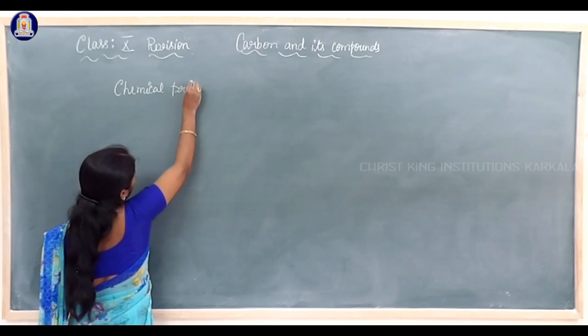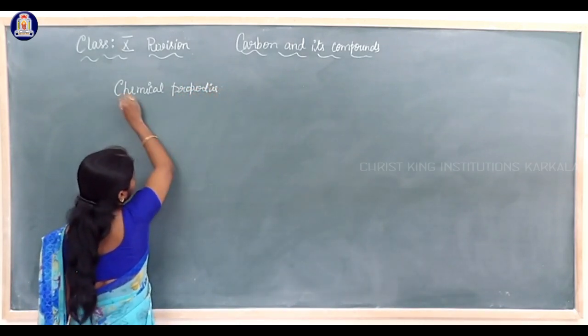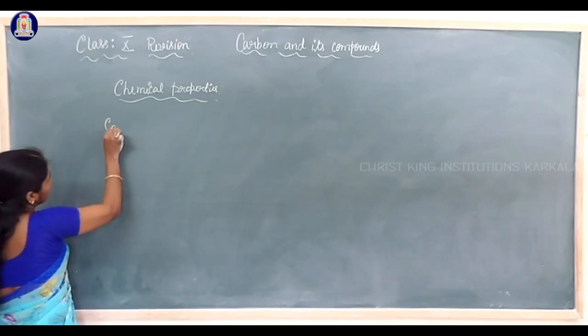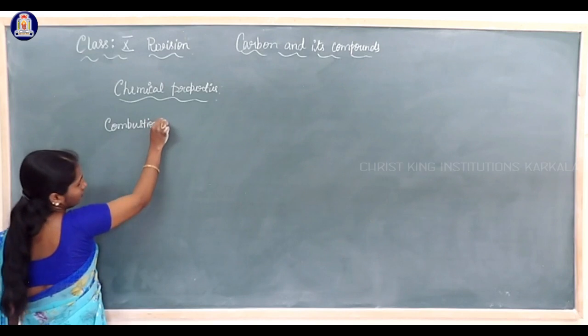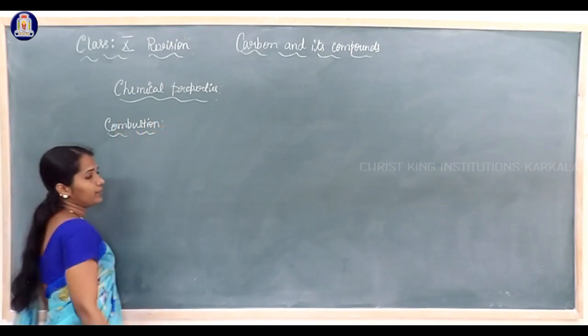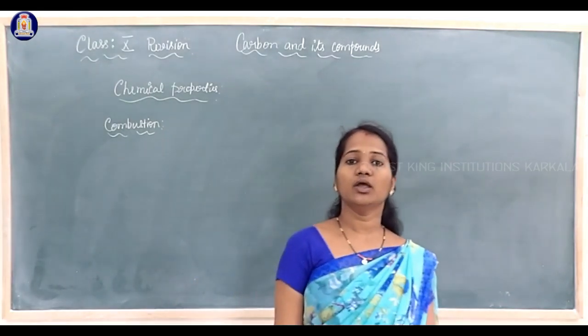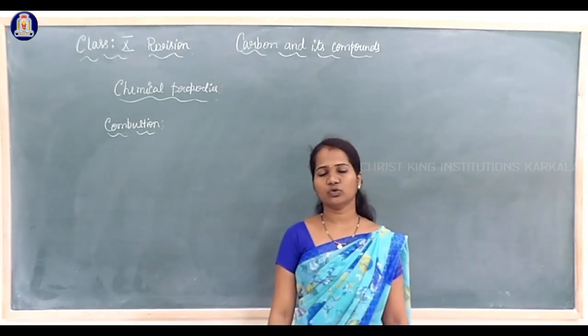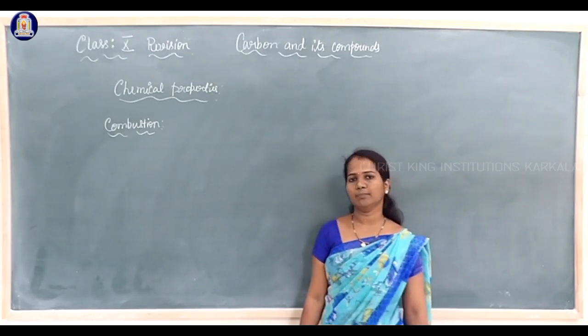Chemical properties. In the chemical properties, the first property you have studied is the combustion reaction of hydrocarbons. You may get the question, explain combustion reaction of hydrocarbons. So what is this combustion reaction? Combustion in the sense burning.